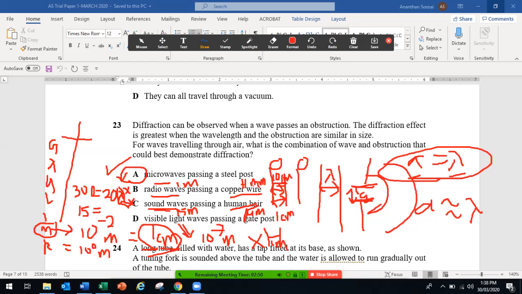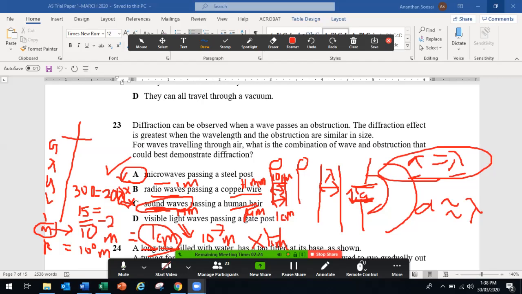Which has the longest wavelength? Sound wave, 15 meter. And in this case, sound wave can't show us the diffraction because the human hair is too thin, so it won't diffract. Okay. So answer is A.